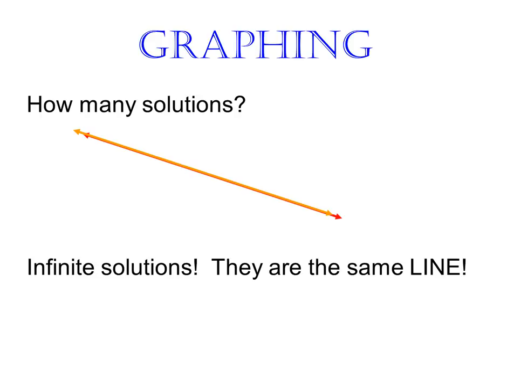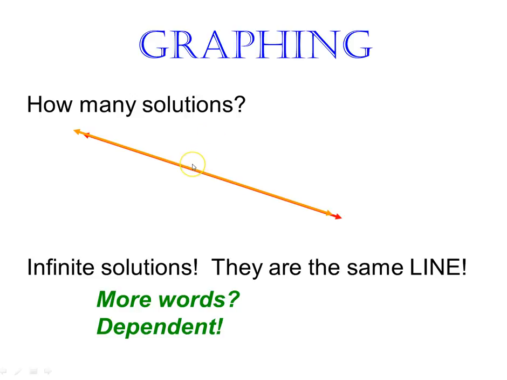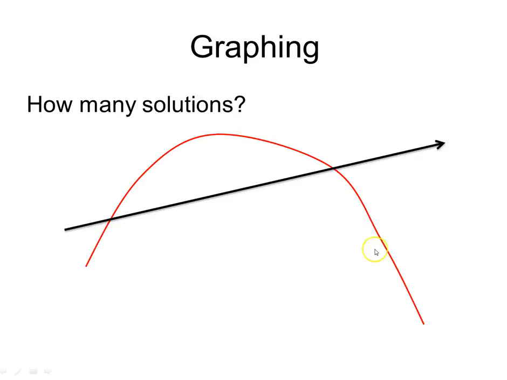Infinite solutions. Let's get some vocabulary. They're dependent on each other. You don't want a business where you only got two limits and they're dependent on each other. You're not going to be successful. They're dependent. Are there two things? Yeah.